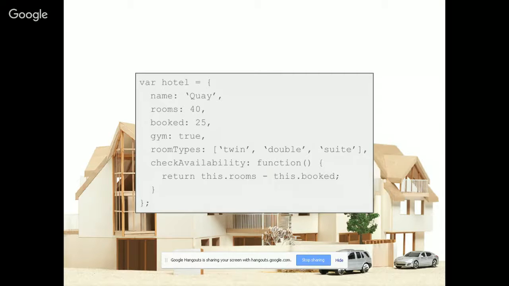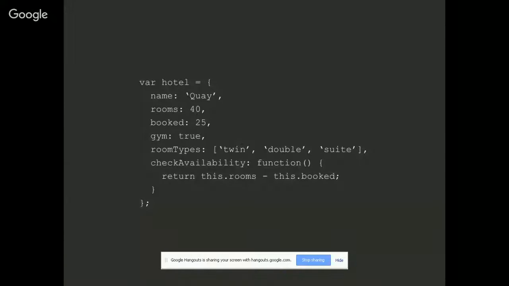And then we're going to assign the key value pairs of the property and the corresponding value, as well as the availability. Also, you can see here that you can have an array that is part of the object. That looks like a class, right? Yeah, but in JavaScript, we don't have classes, so we talk about objects. So the names and the corresponding values, they make up the properties.